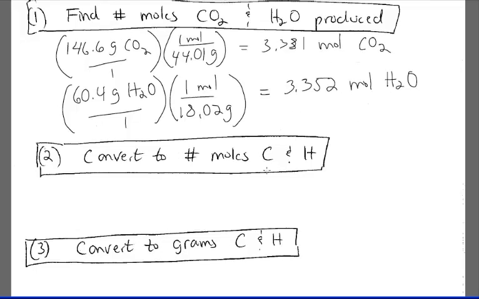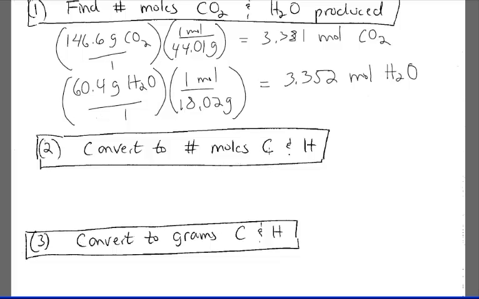Now, step 2, we convert those numbers to moles of carbon and hydrogen, which is fairly trivial. Every mole of carbon dioxide has 1 mole of carbon. So since there's 1 C in CO2, that means we have 3.331 moles of carbon.